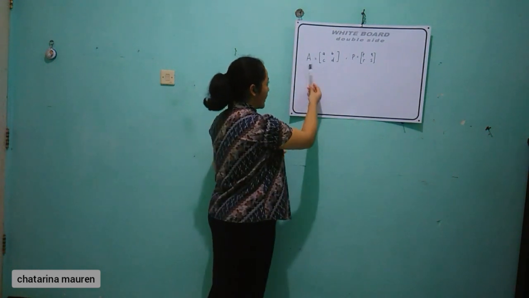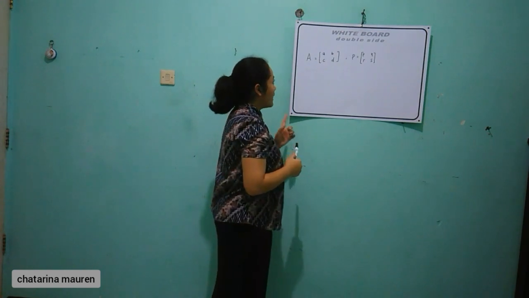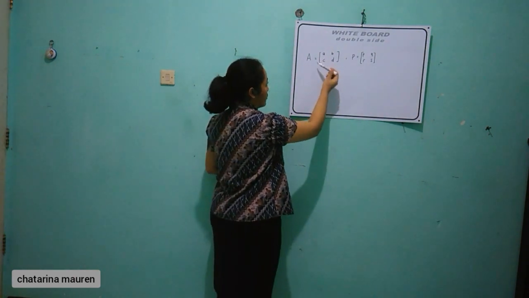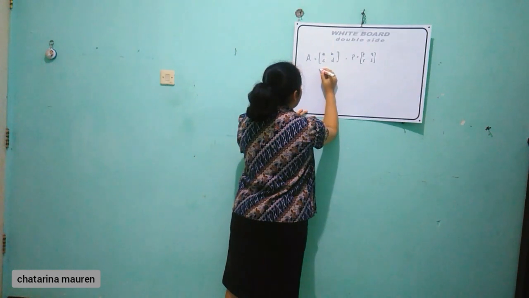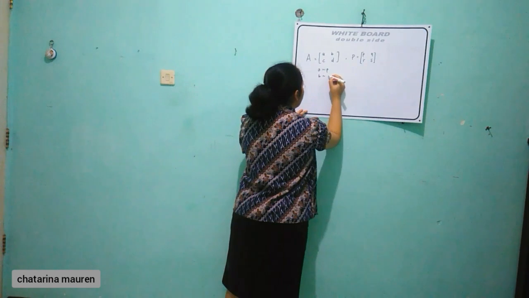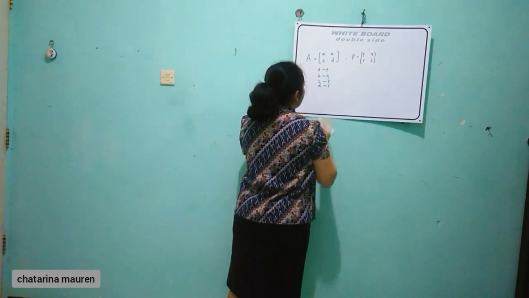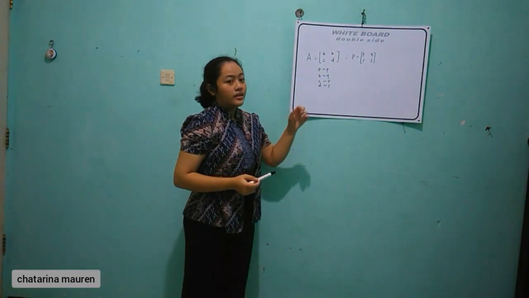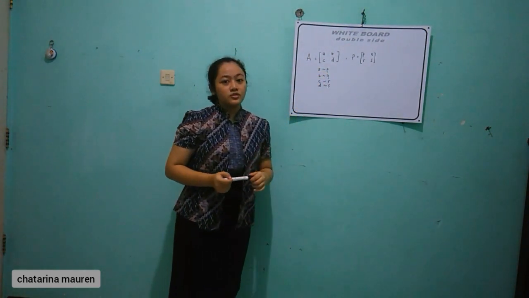The corresponding elements of matrices are elements located in the same location, meaning in the same row and the same column. So here, a corresponds to p, b corresponds to q, c corresponds to r, d corresponds to s. If A and P are equal matrices, the values of the corresponding elements are equal. Here, a equals p, and so on until d equals s.